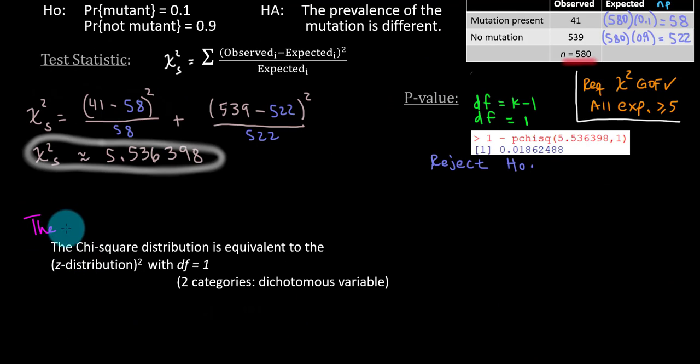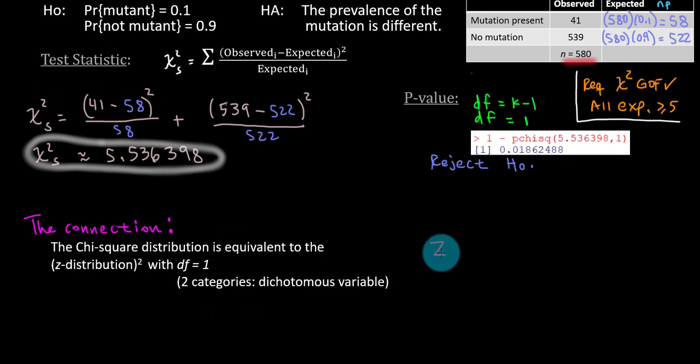Okay, so here comes the connection, what we've been waiting for: the chi-square distribution is equivalent to the square of the standard normal z distribution, as long as there are only two categories. That's why we were able to do this. If there was a third category, it's not going to work out so well.